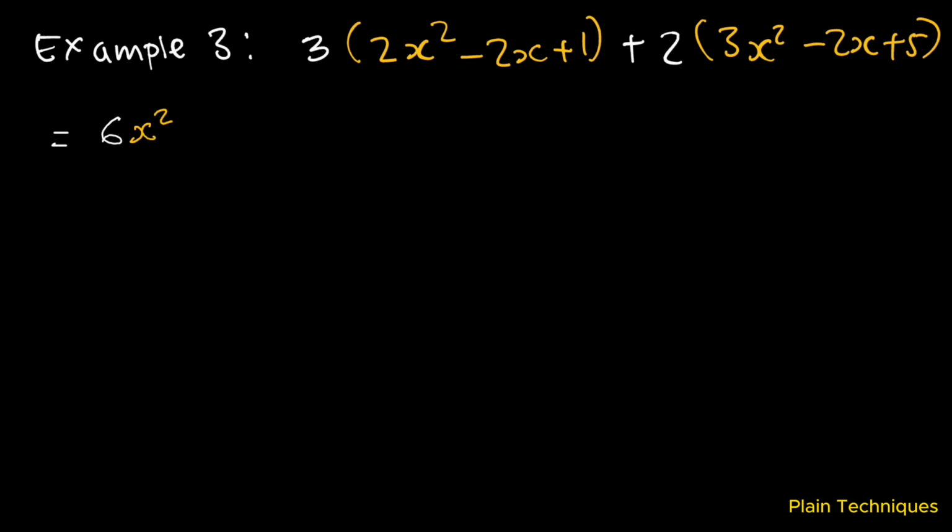Now, the second part will be to move on to the next part. Positive in front of 3, positive multiplied by that negative. Positive multiplied by negative is negative. So I will have a negative, and then 3 multiplied by 2 will give you 6.